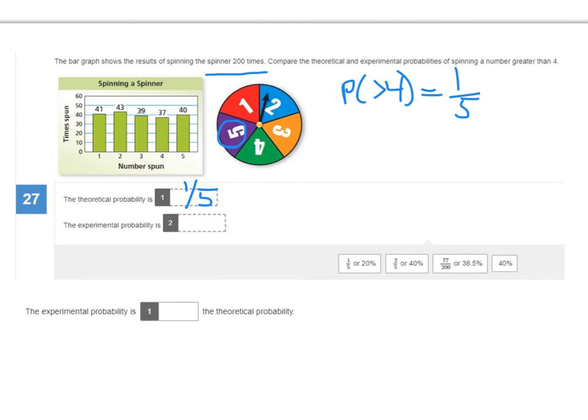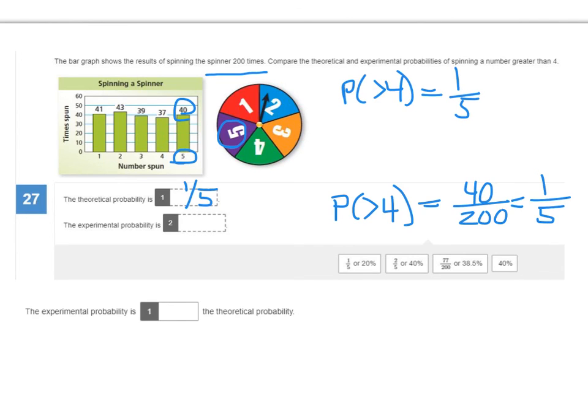So I'm looking for this piece of data. Out of a total of 200 spins, I get 40 that are a 5. And we can simplify that by dividing top and bottom by 40, so I get 1/5 as well.